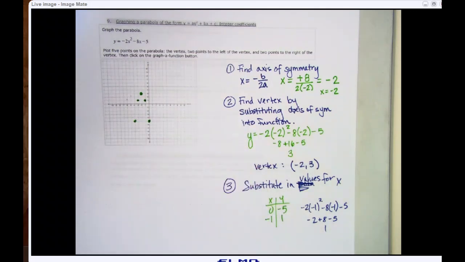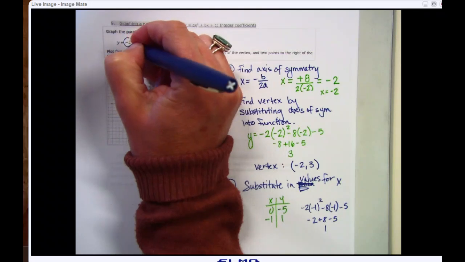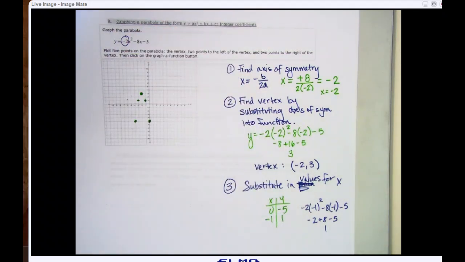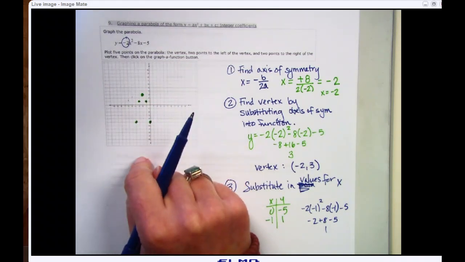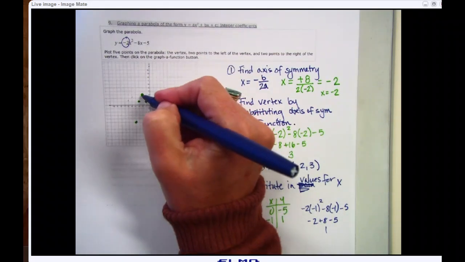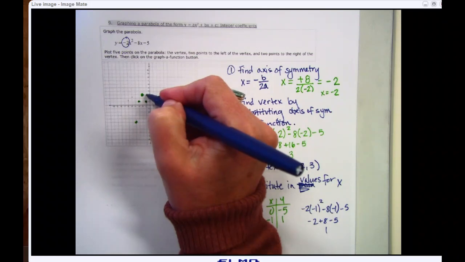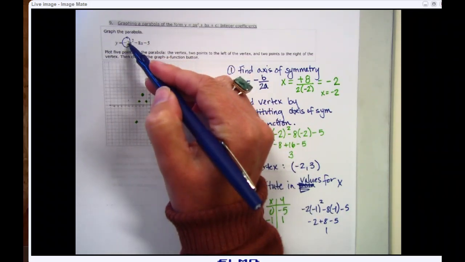And I love that we've graphed enough parabolas that several of you are noticing, hey, once I find that vertex, can I look at that a value right there? The negative makes it open downward, and then over 1, 1 squared is 1, but times our 2.